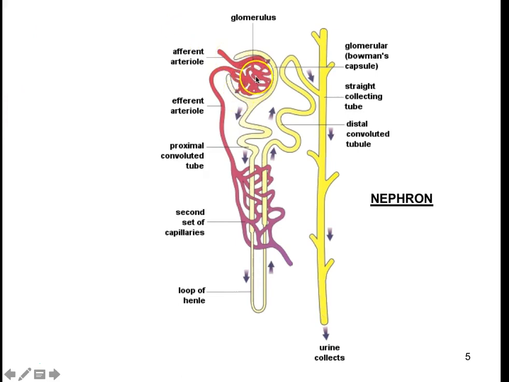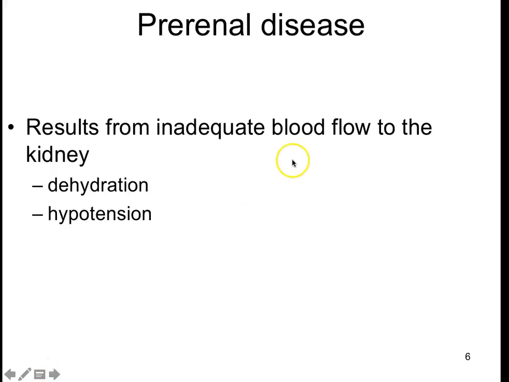Right, so that is before. So if the blood pressure is so low that you really cannot filter effectively, then you cannot purify your blood. And that's pre-renal disease.